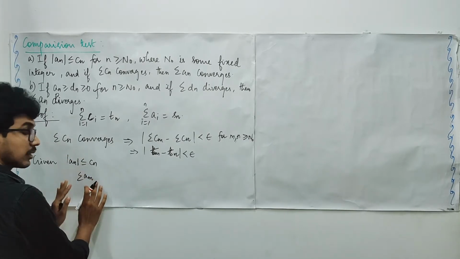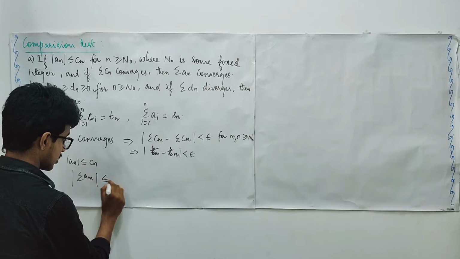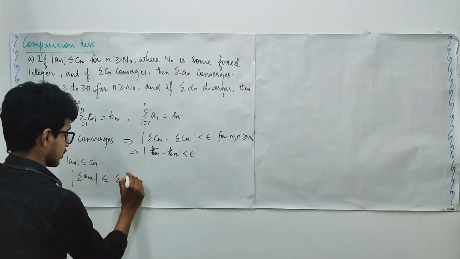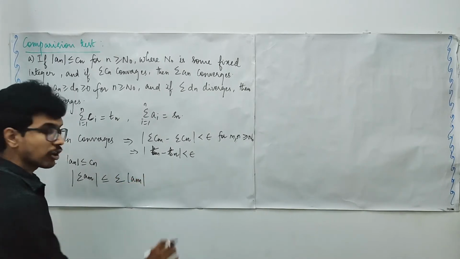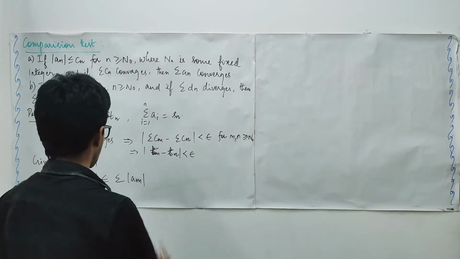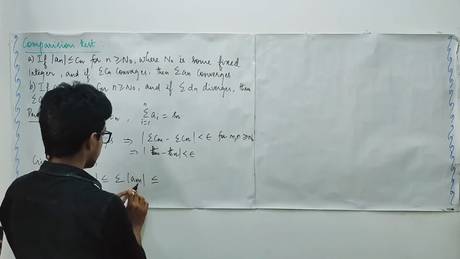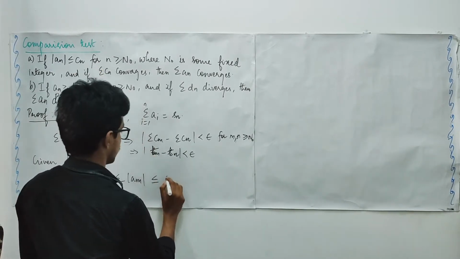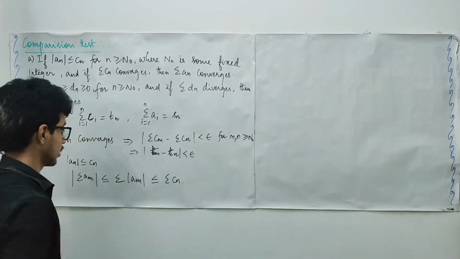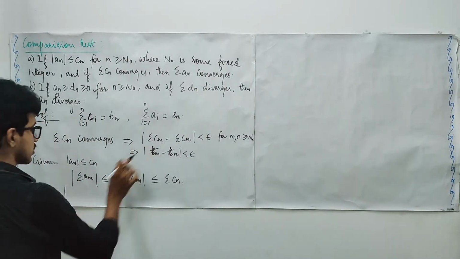I am going to make the sum of these terms and take the absolute value. By the triangle inequality, this is less than what? Each term is less than the corresponding c term, so summation c_n.